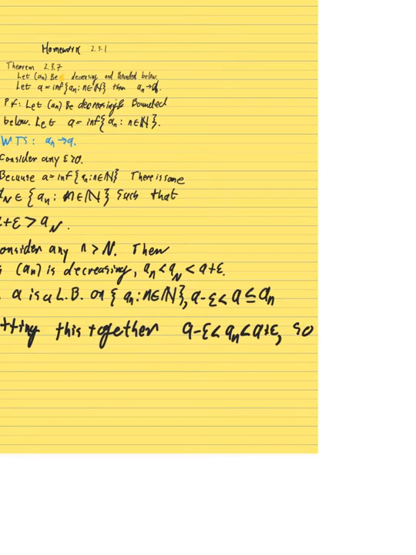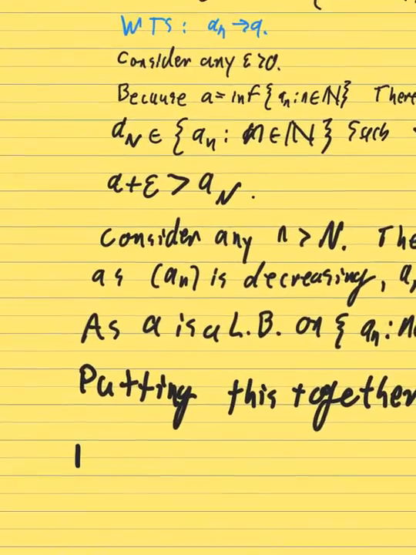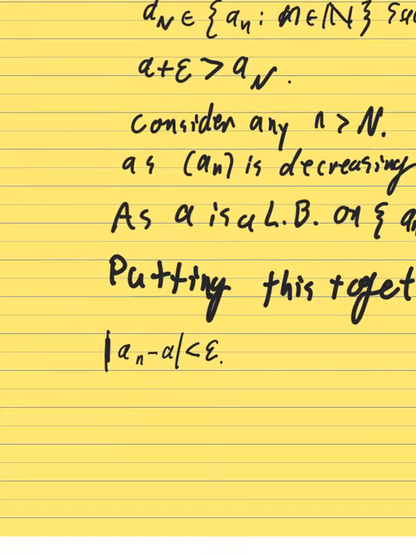There is an edge of this page, okay, that's good to know. So what do I conclude? I conclude that the absolute value, but hey, that's exactly what we wanted to show.